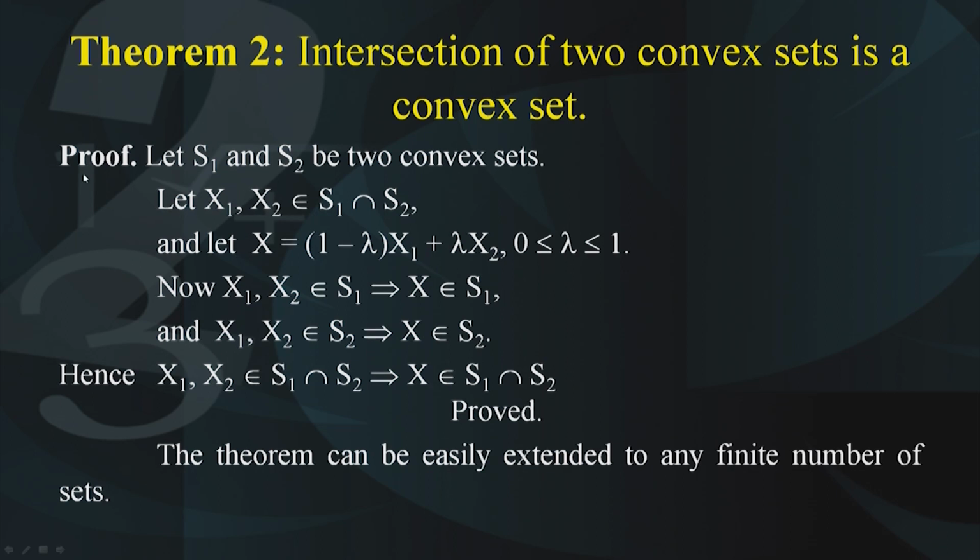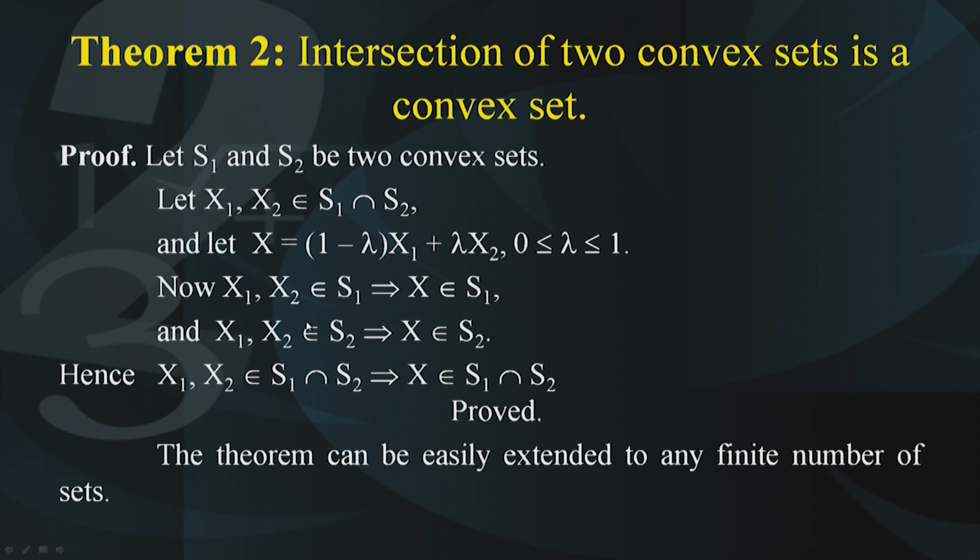So, how do we do it? Let the convex linear combination, that is y, be equal to 1 minus lambda times x1 plus lambda times x2. This is the convex linear combination of x1 and x2, where lambda lies between 0 and 1, both inclusive.